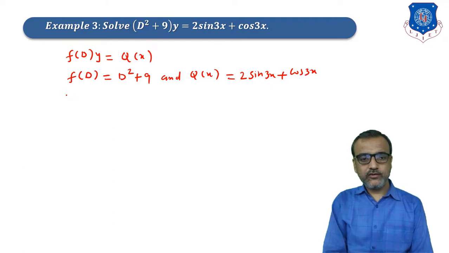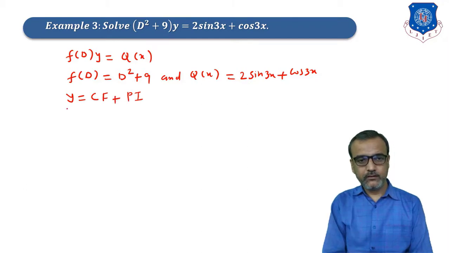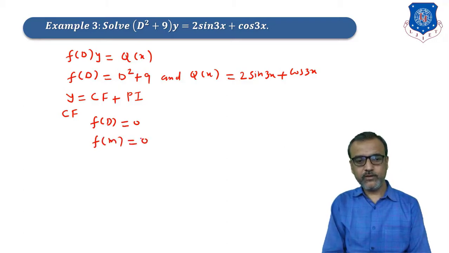Now the general solution of the given differential equation is y equals CF plus PI. First of all we will find out CF. To find CF we will write down f of D equals 0. We will replace D by m. So we have f of m equals 0. Now to evaluate f of m, we will replace D by m in f of D. So we have m square plus 9 equals 0.